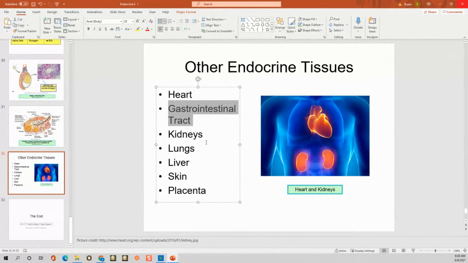GI tract, gastrointestinal tract. The primary organs of the digestive system, in case you didn't know, are basically called the GI tract. The GI tract is a tube that runs all the way from your mouth to your anus with just a couple of sphincters in between. So the digestive system is literally just one big long tube with some muscular doors that can open or close.